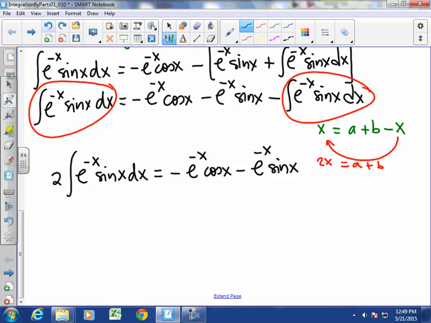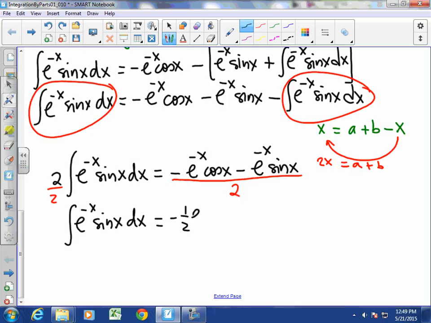Sounds great, isn't it? So dividing both sides by 2, we obtain the integral of e to the negative x sine x dx equals negative 1/2 e to the negative x, factor out, cosine x plus sine x.